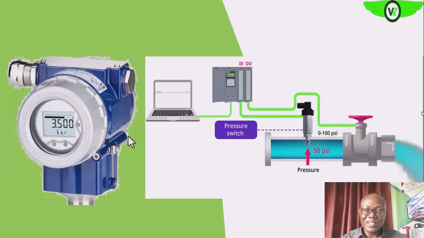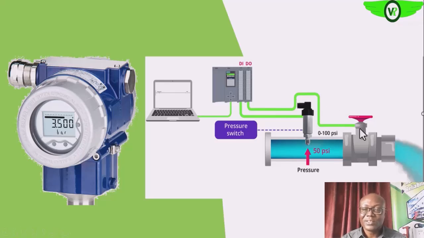So here is a complete configuration of the process, the pressure sensor here, okay, the transmitter that sends the signal to your controller, then your controller to your final control element, which is the valve.